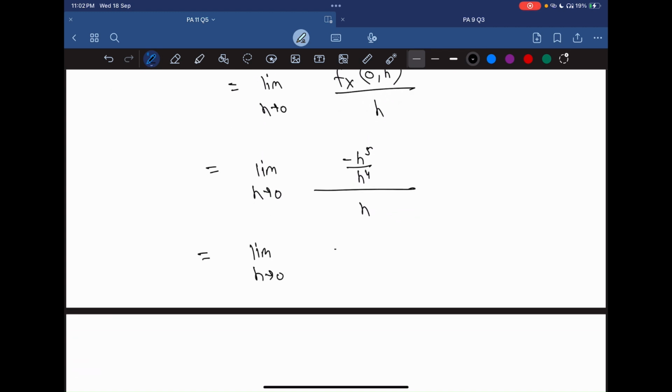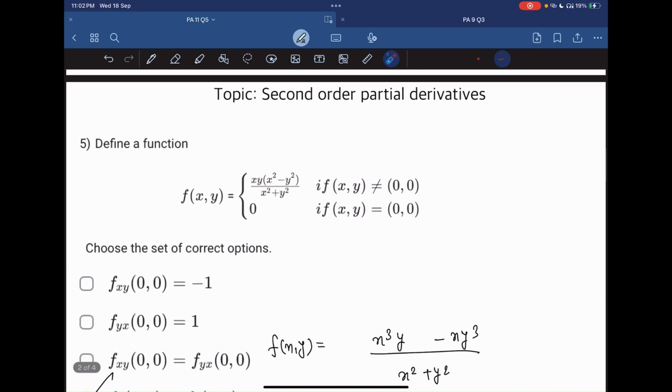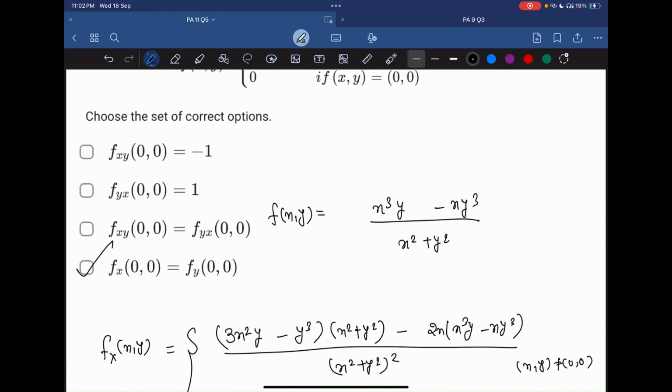So this becomes minus h power 5 divided by h power 5, that is negative 1. And what is given in the option is also the same: fxy at the point (0, 0) is negative 1.